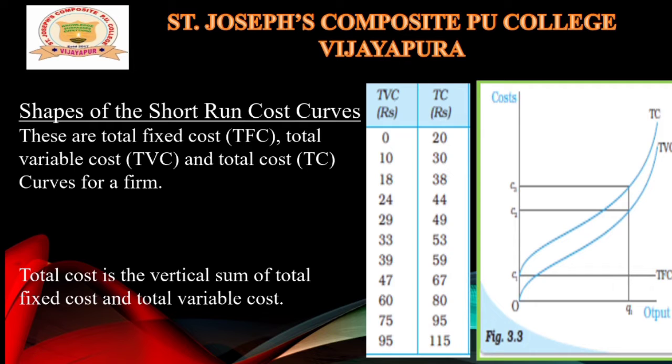Total cost is the vertical sum of total fixed cost and total variable cost, as you know from the formula for TC. It means the sum of TFC and TVC. As a result, what you get is total cost, or the TC that we discussed in the previous episode.